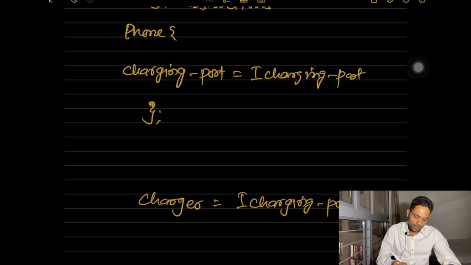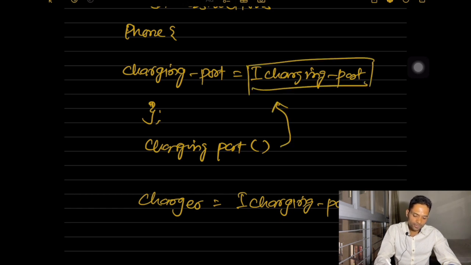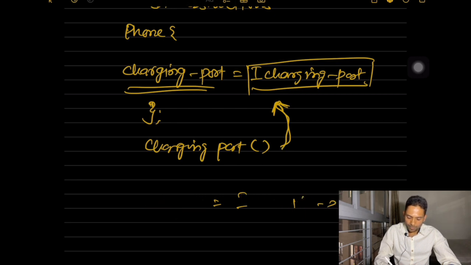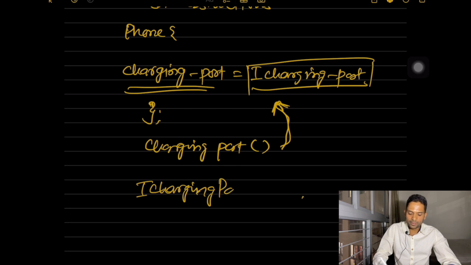Earlier, for the charger to come in, we would have to create a charging port object and assign it here. So we had a concrete member class here, but now it will depend on an interface of charging port, and that charging port standard will be defined by a third party, a standard governing body.